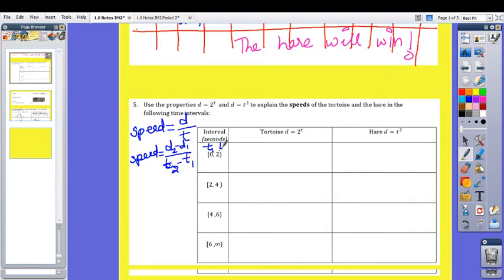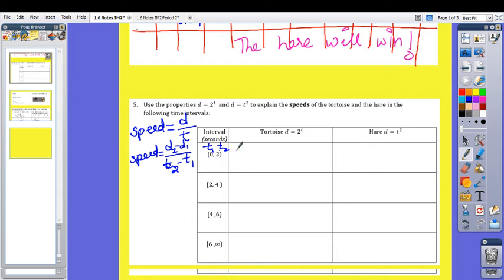Now when t is 2, we will calculate the distance for the tortoise at that time by plugging this 2 in here, okay? And then what is the distance when t is 0, and that will go here.